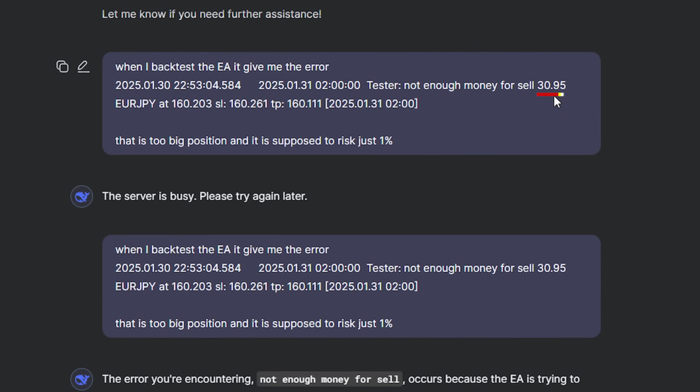I asked the DeepSeek AI to program the robot so it will risk just 1% from this 100k account with DAO1X, but instead it was trying to sell 30.95 lots. That's a huge amount, guys.